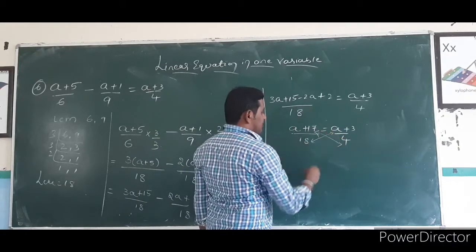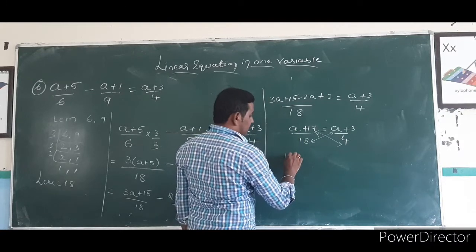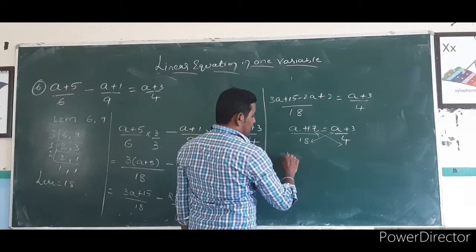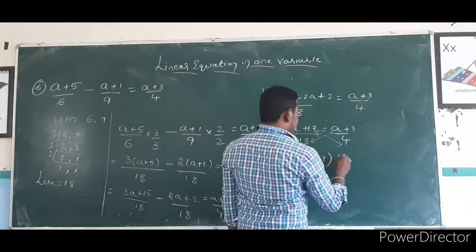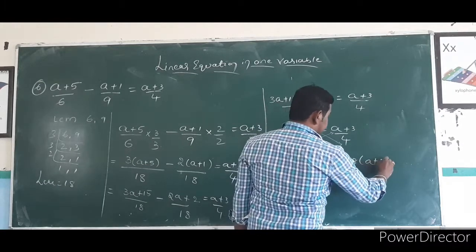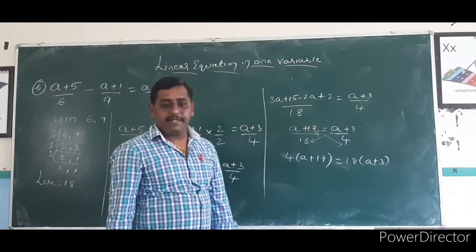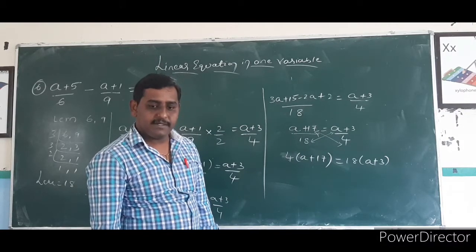That is 4 into (a plus 17), 18 into (a plus 3).